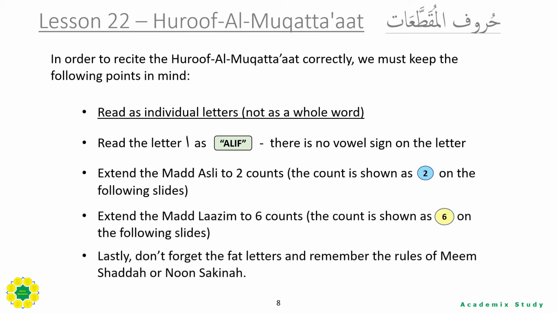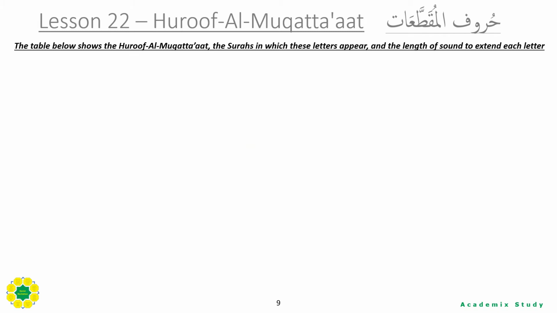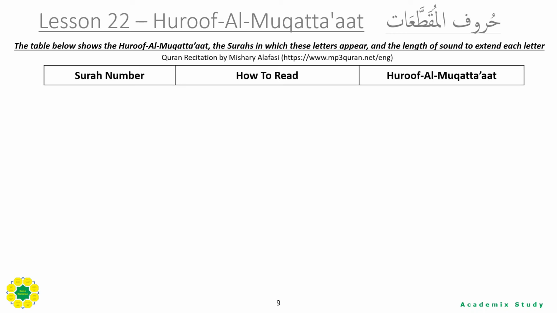And don't forget the fat letters and remember the rules of mim, shadda and noon sakinah. Now we will hear the correct pronunciation of each one of these letters. The table will show the word and the structure and also the surah in which these huruf appear.